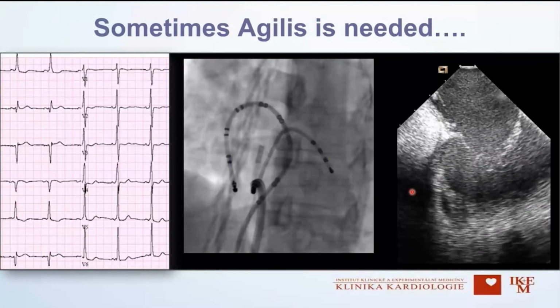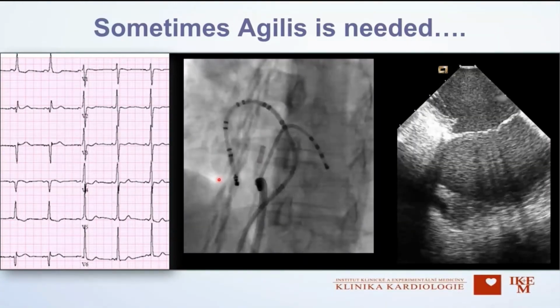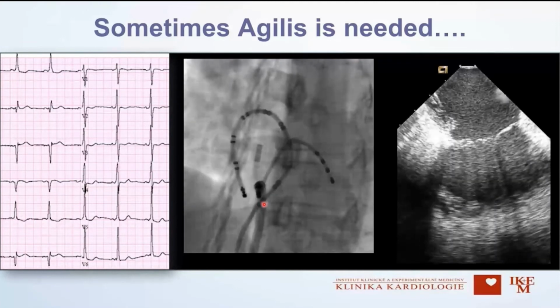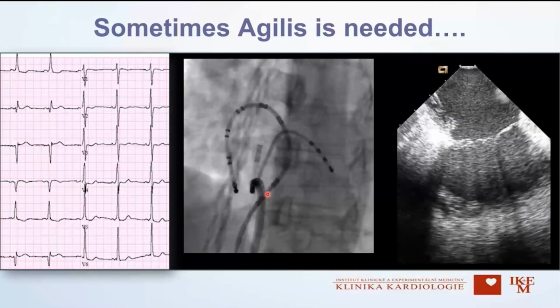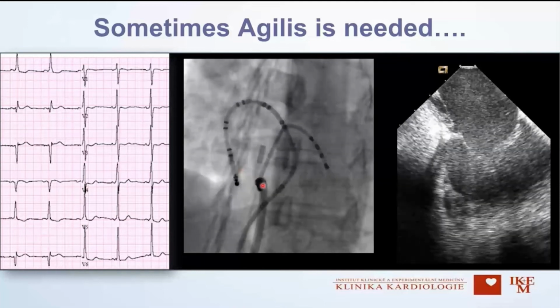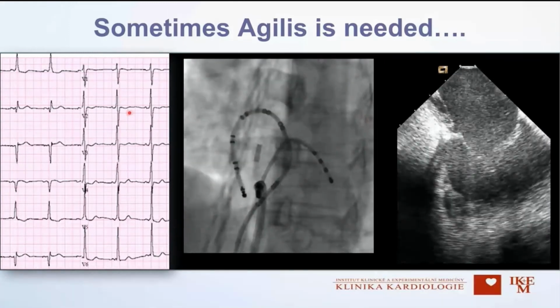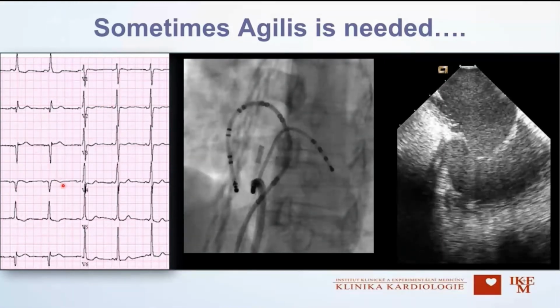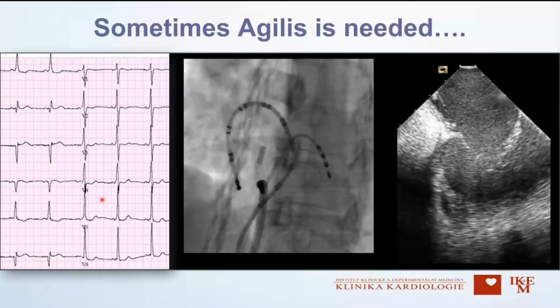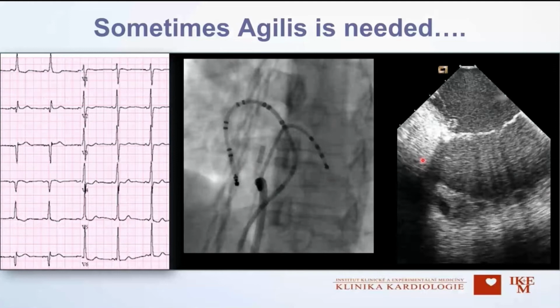So this may help for some of those inferiorly located tricuspid or right-sided accessory pathways. The Agilis is very helpful because, especially in young ladies, the tricuspid annulus is very movable, and also the cavotricuspid isthmus is very movable. This is also a case of a lady patient who had about 5 ablation procedures prior, and it was difficult even from above.